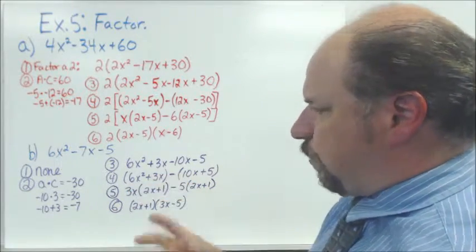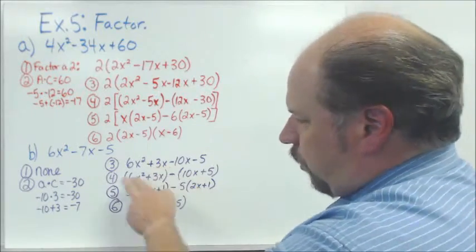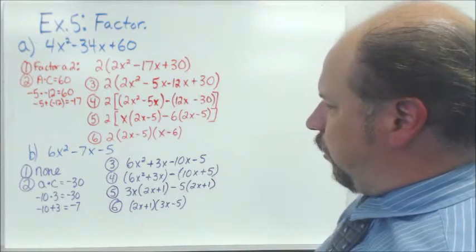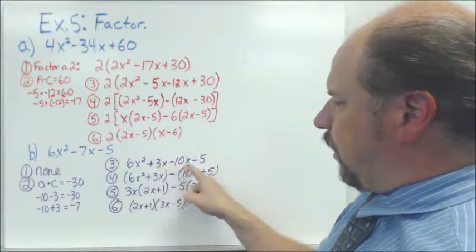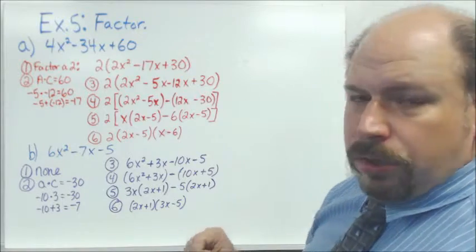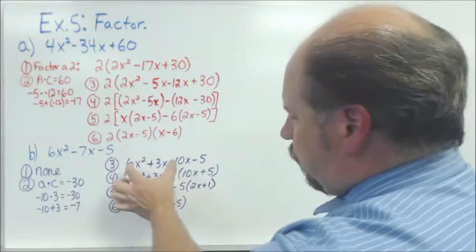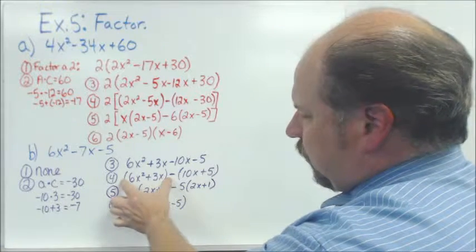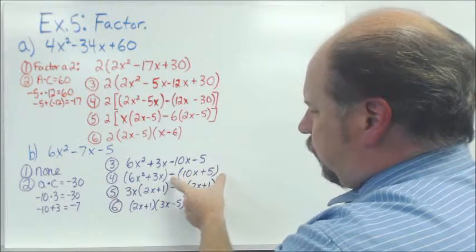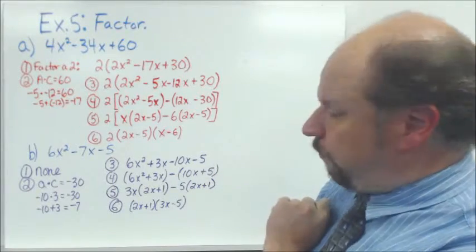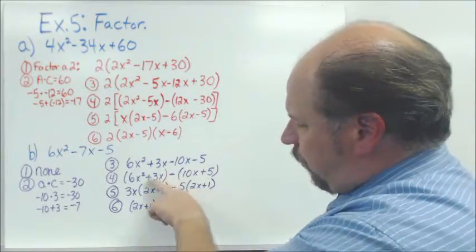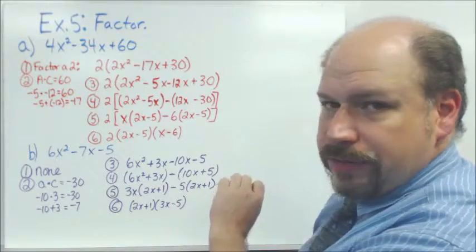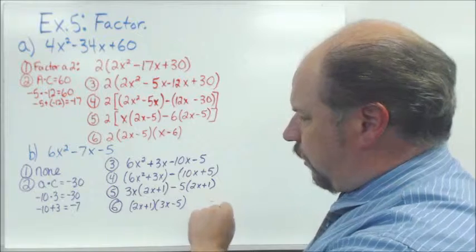So once again, expand out that middle term. So we have plus 3x and minus 10x right here. So we have 6x squared plus 3x minus 10x minus 5. Okay, now we're going to group these two terms together and group these two terms together. So we have 6x squared plus 3x minus the quantity 10x plus 5. Okay, factor out the GCF from these two terms. Well, between 6x squared and 3x, the greatest common factor is 3x.